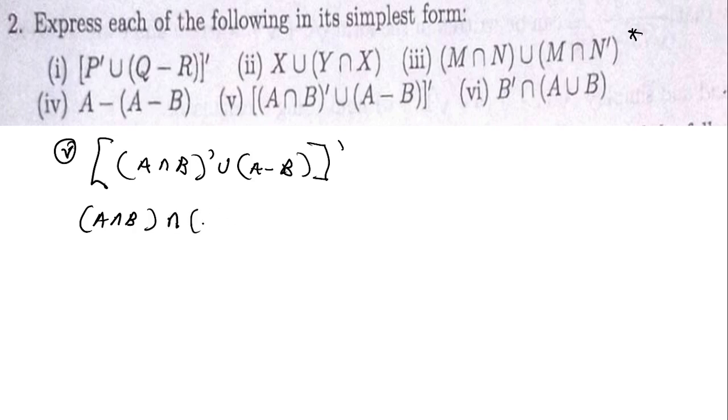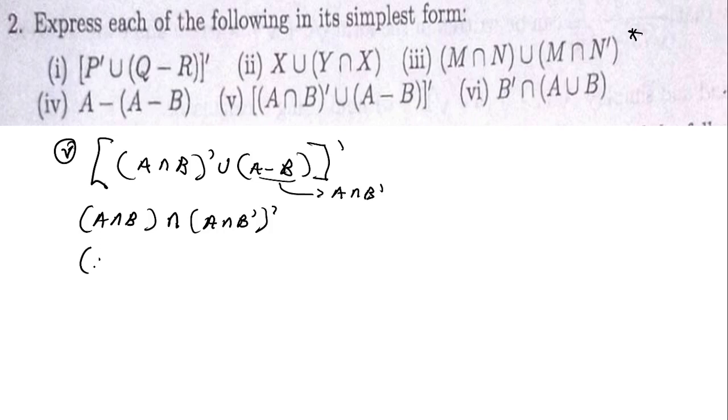Then the inside will simply be A minus B, which will simply be A intersection B complement, and then that complement times complement, which is there. So what I've done is I've quickly solved this one inside to A intersection B complement, and then I've multiplied this complement by what is inside.